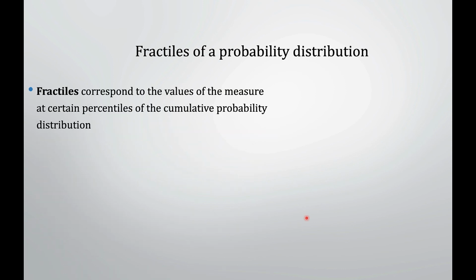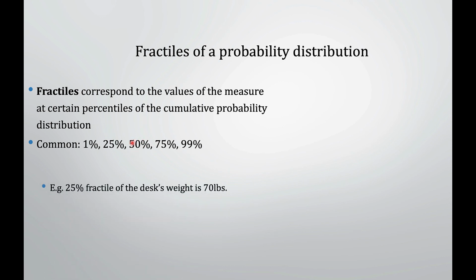So again, you might have learned this concept from your statistics class, but a fractile of a probability distribution is essentially the values of the measure at certain percentiles of the cumulative probability distribution. Okay, the commonly used fractiles are the 1% fractile, 25%, 50%, 75%, 99%. The 50% fractile is also called the median.